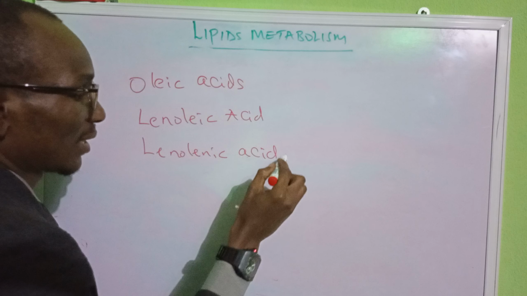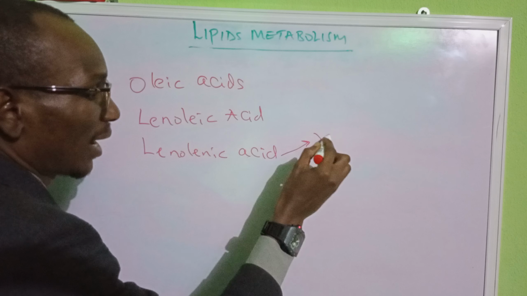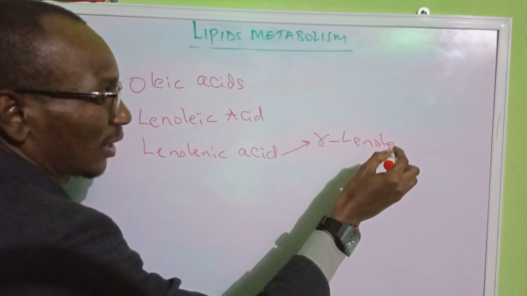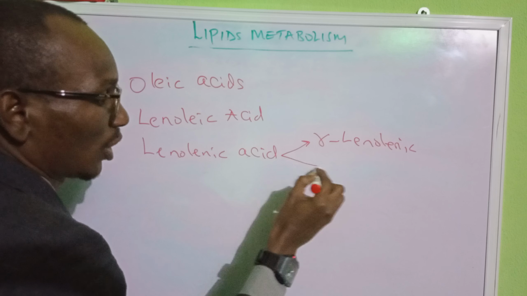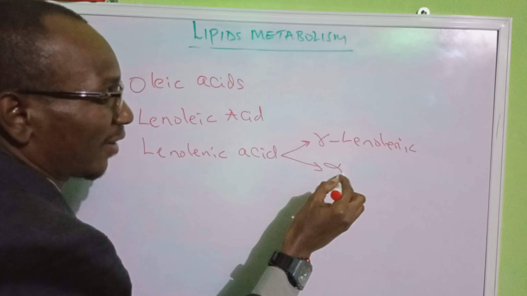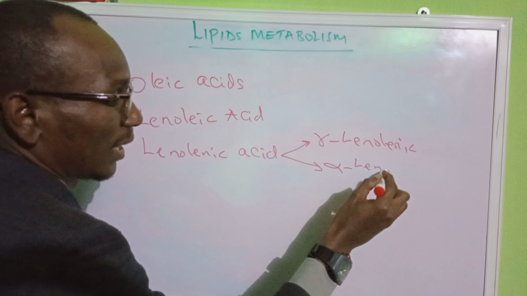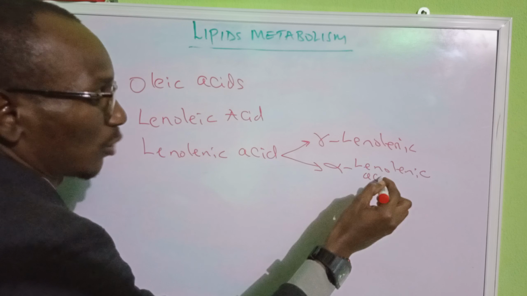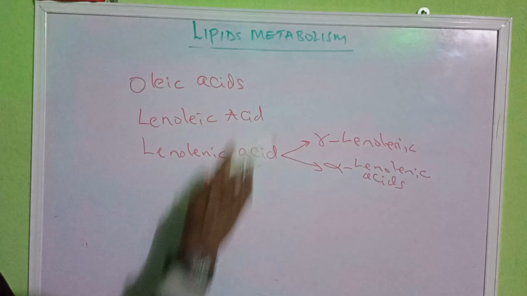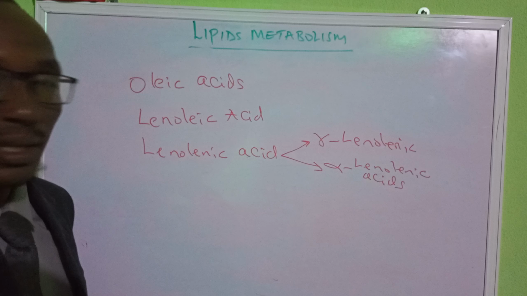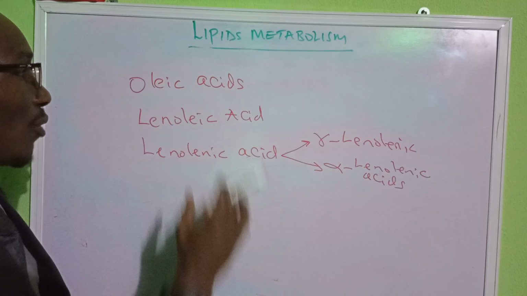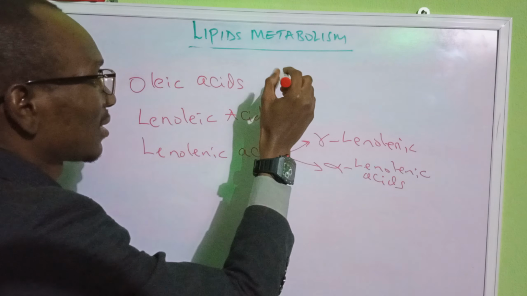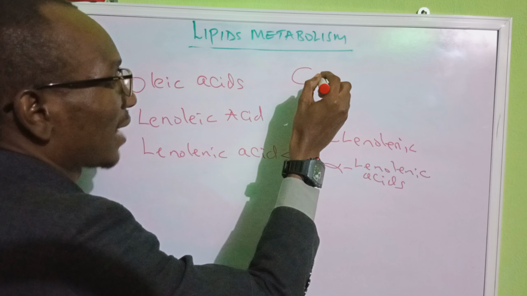This linolenic acid can be gamma linolenic acid, or it can be alpha linolenic acid. There are two types. So there is a way of representing this in a formula. For the oleic acid, it is an 18 carbon acid.